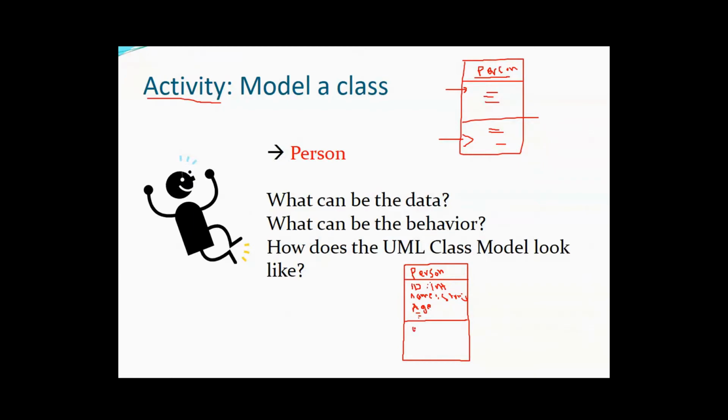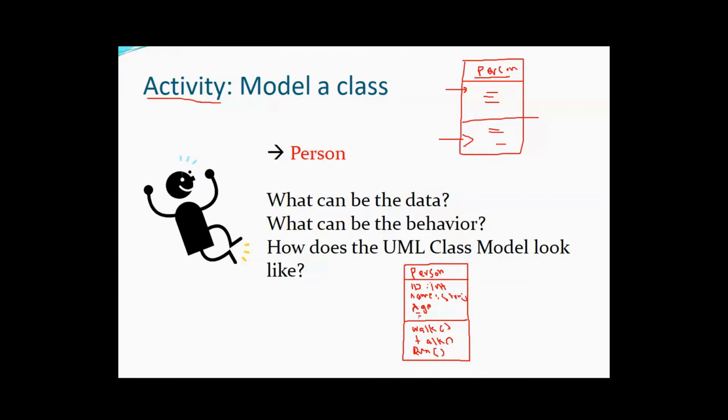For the methods, we can say walk, talk, run, something that the person can do. I'm not going to say eat because that makes me feel hungry, but it's a correct one. Work, study, yes, these may be methods. That's perfect. Play, yeah. You can use any verb that the person can do. Now be careful.